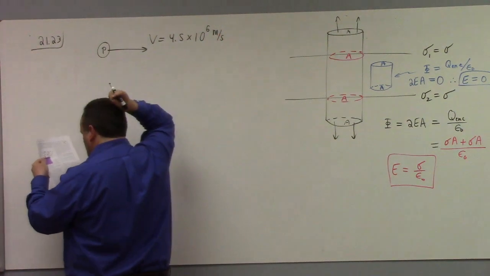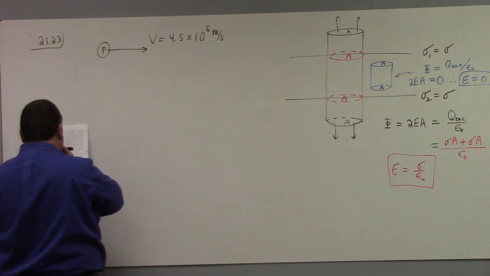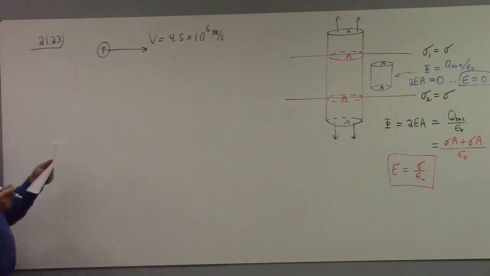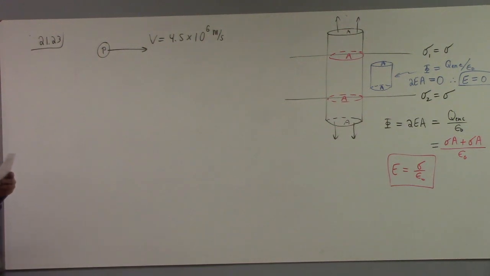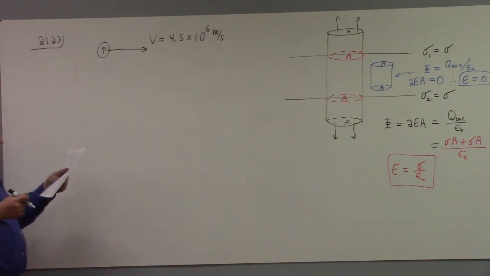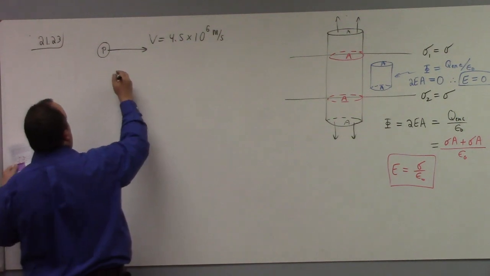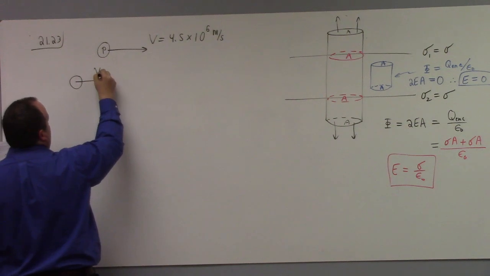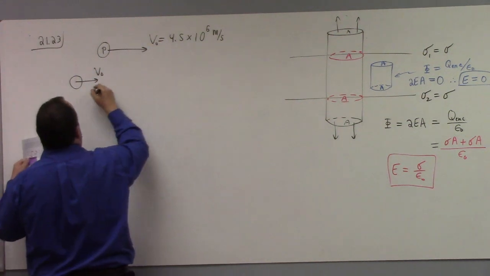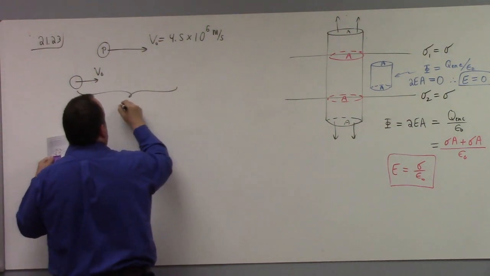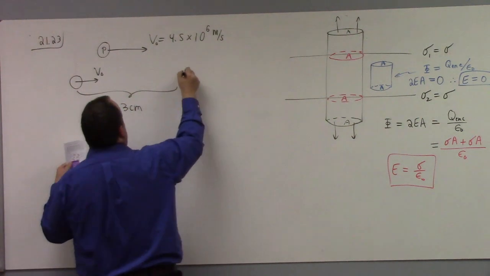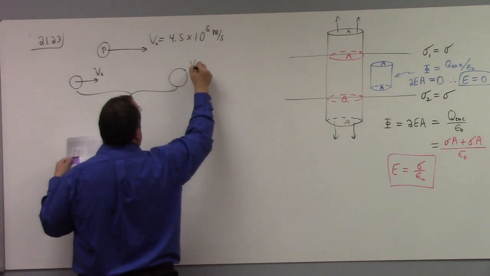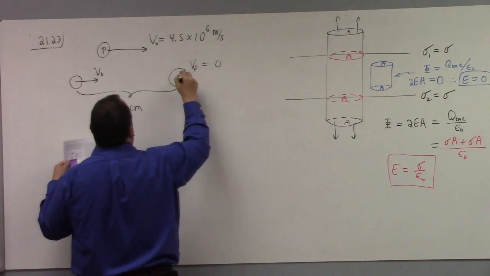We're supposed to find the magnitude and direction of the weakest electric field that can bring the proton uniformly to rest over a distance of 3.3 centimeters. So we've got the proton moving at V naught, then 3 centimeters, and here's your proton with velocity final equal to 0.